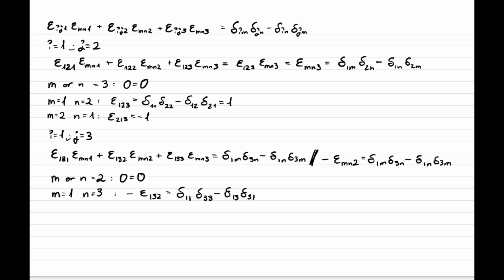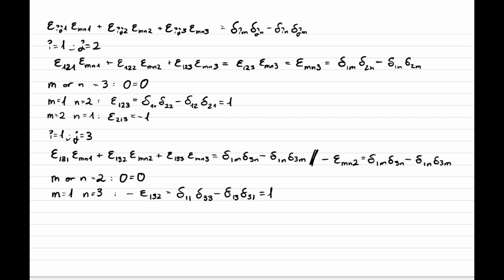This index is an m, and m equals 1. So here we have a delta which equals 1, another delta which equals 1, and these are different indices, so this term is going to vanish, and this is just going to be 1.